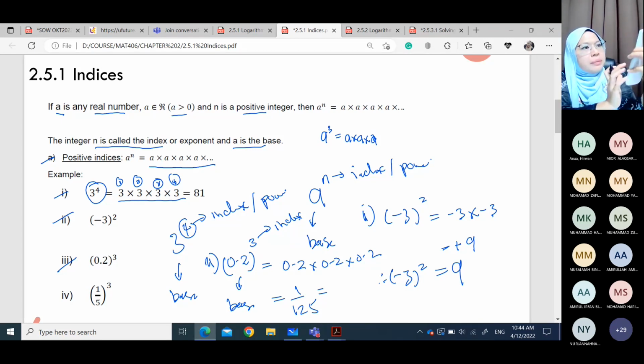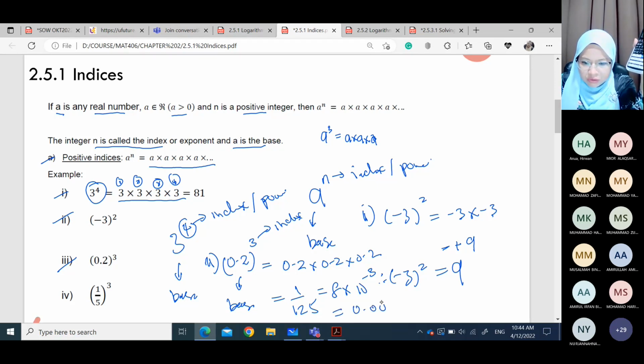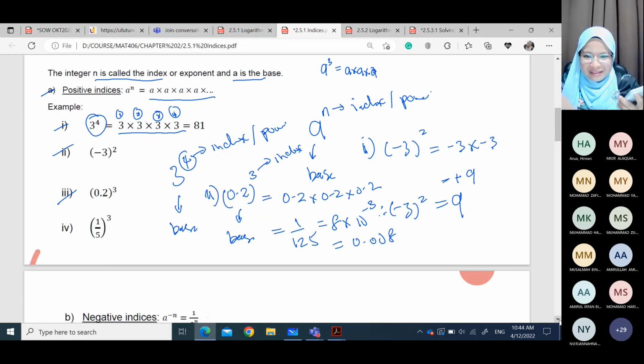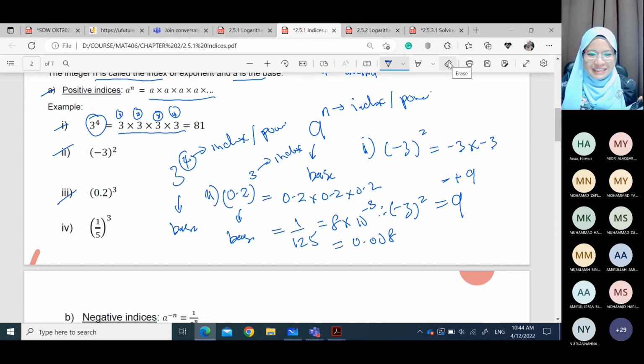You tekan buttonnya itu dan dia akan tunjuk 8 times 10 to the power of negative 3. So, ini sama juga dengan 0.008. Boleh ikut? Boleh, okay.